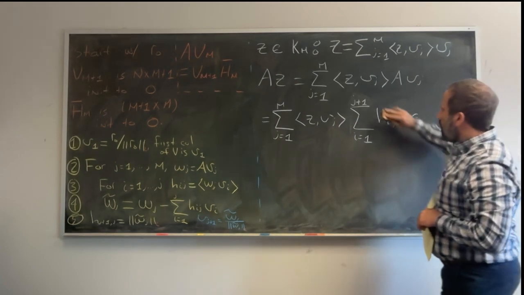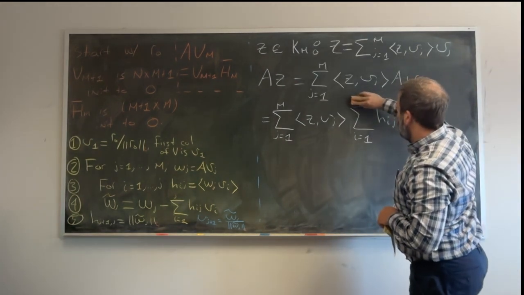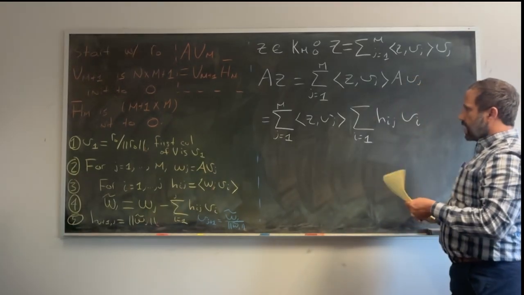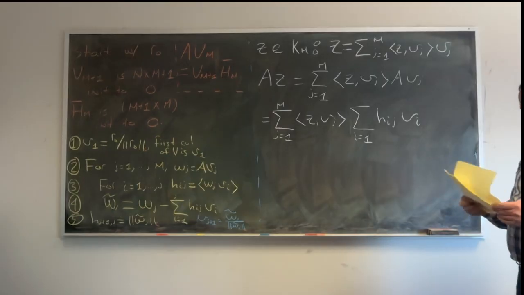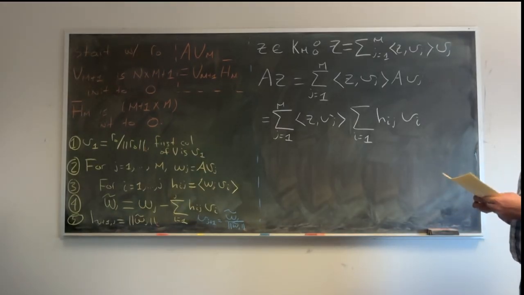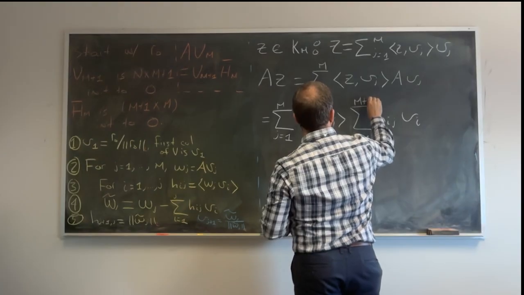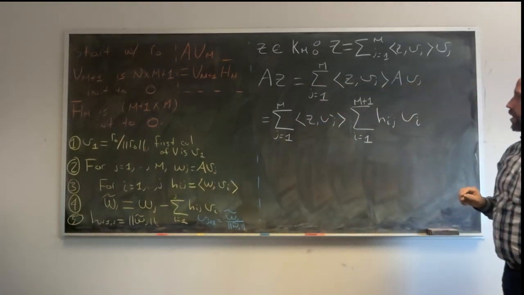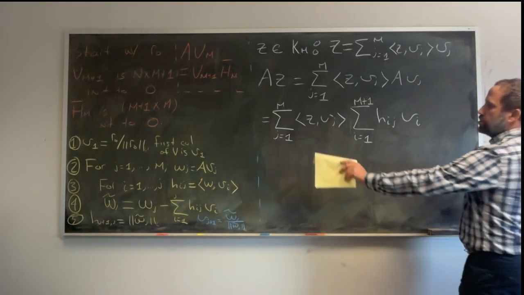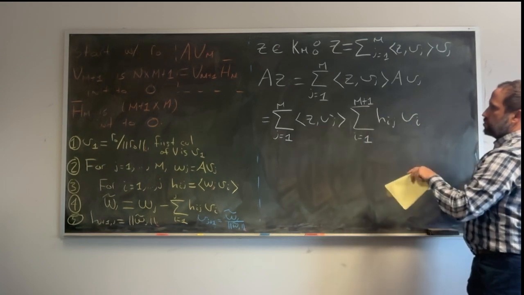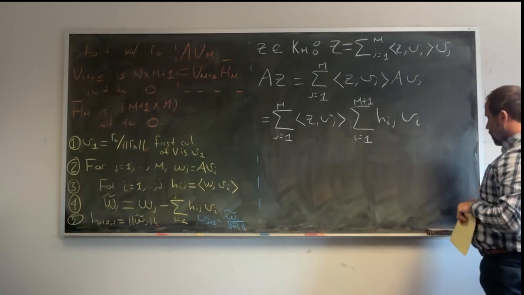So in other words, I can have this sum go all the way up to m plus 1. We can't stop it at m because j here ends at m, and this sum goes from i equals 1 to j plus 1. So I have to go all the way up to m plus 1.